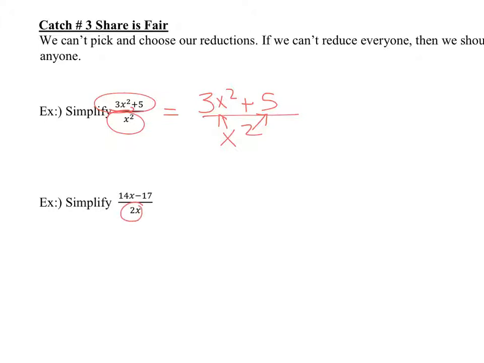Same deal here. I can't just cancel out the 14 and the 2x because that 2x needs to go into this negative 17 also. So this one can't be factored either. So just be careful. Make sure you factor first, and if it's a minus sign or a plus sign, they're in love. You cannot break them up. All right, have a great day.